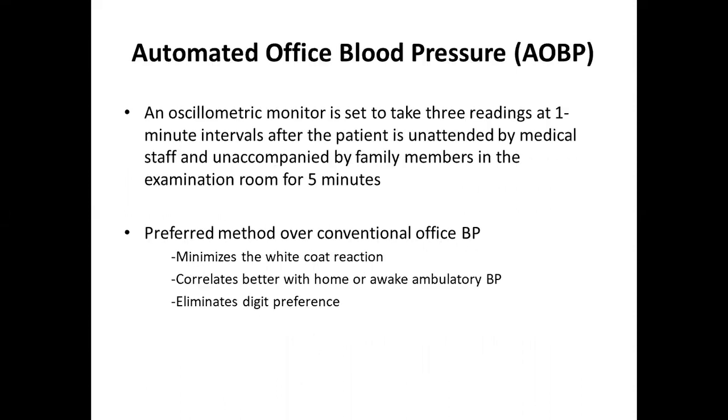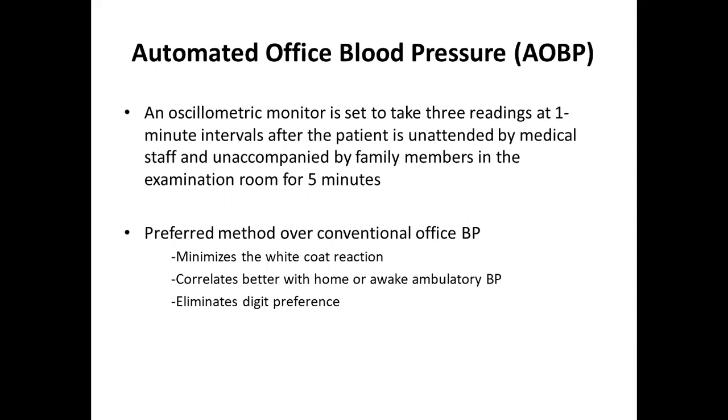So the next type of blood pressure measuring is automated office blood pressure monitoring. In these cases, you don't use the manual type of sphygmomanometer, but you use oscillometric monitors, which are automated, and they measure the BP. They take 3 readings at 1 minute intervals.